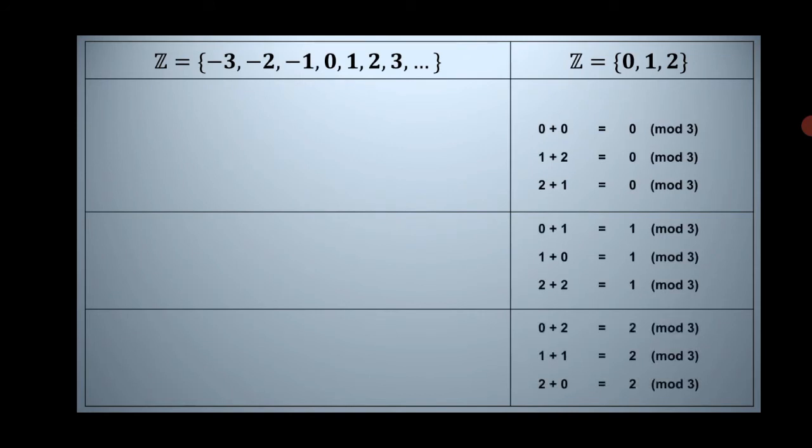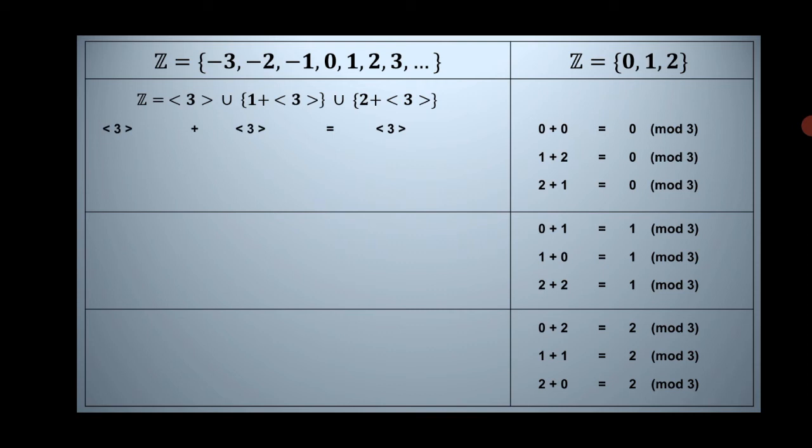The group of integers modulo 3 contains three elements: 0, 1, and 2. On the other hand, the group of all integers can be expressed as a union of all the multiples of 3, 1 plus all the multiples of 3, and 2 plus all the multiples of 3.